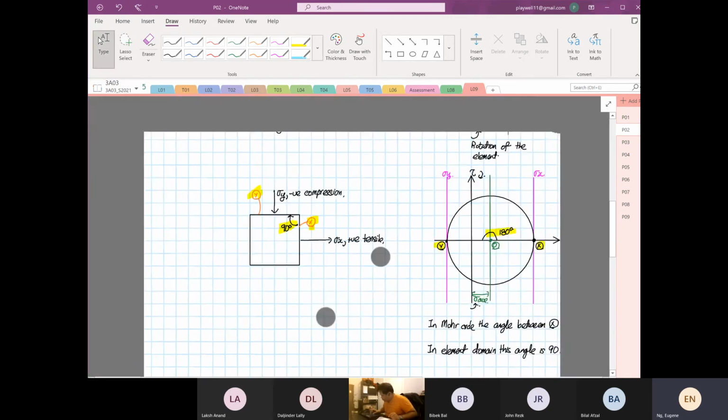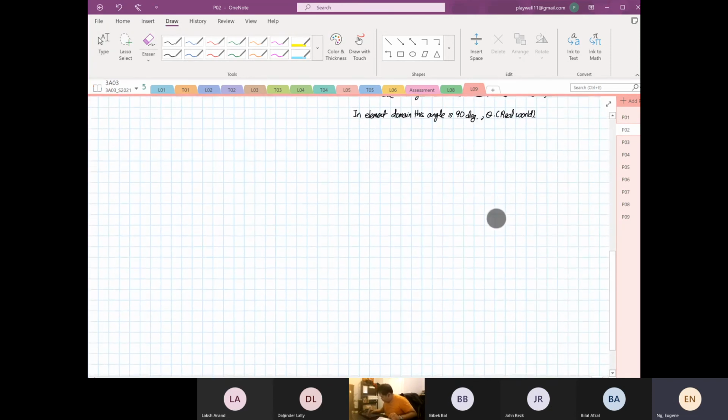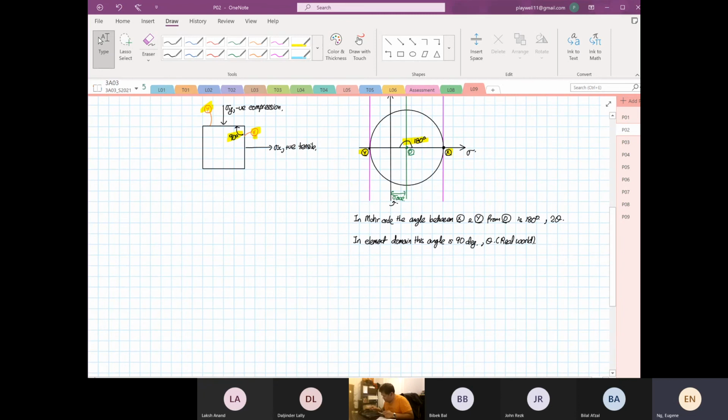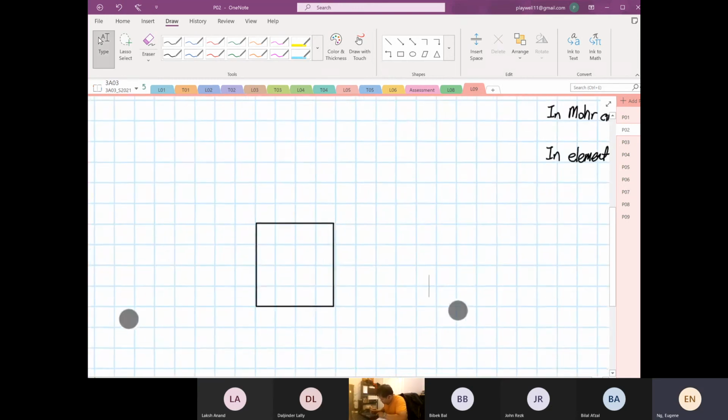Okay, so maybe I give one more short example regarding normal stresses. So if we have a state now, another element. Now we have the element over here.